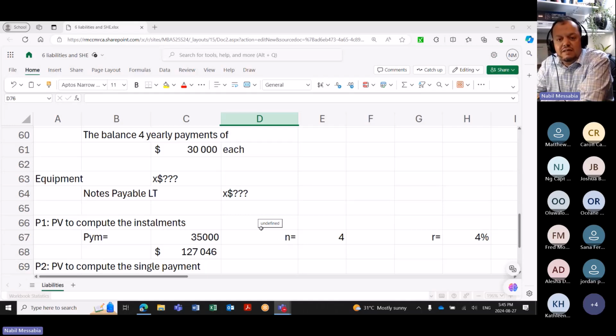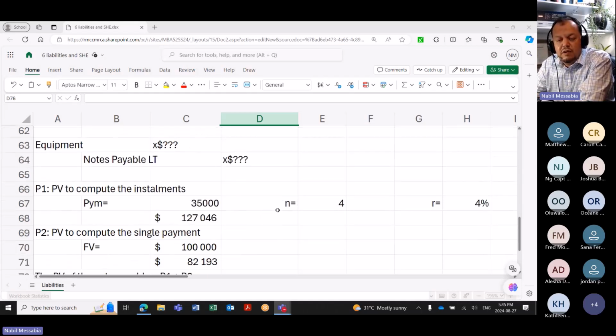So just as you have access to Excel, whether for your assignment or for Connect or for real life also, if you need to calculate the present value. If you have two options in your own real life, let's say to buy the car or to rent the car, you can make this kind of calculation.